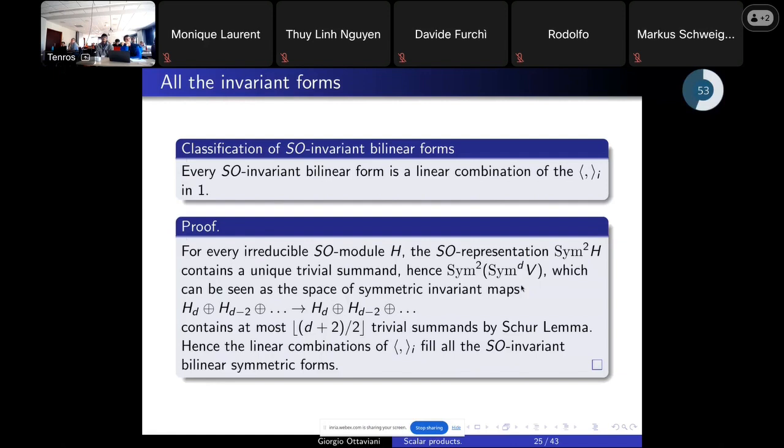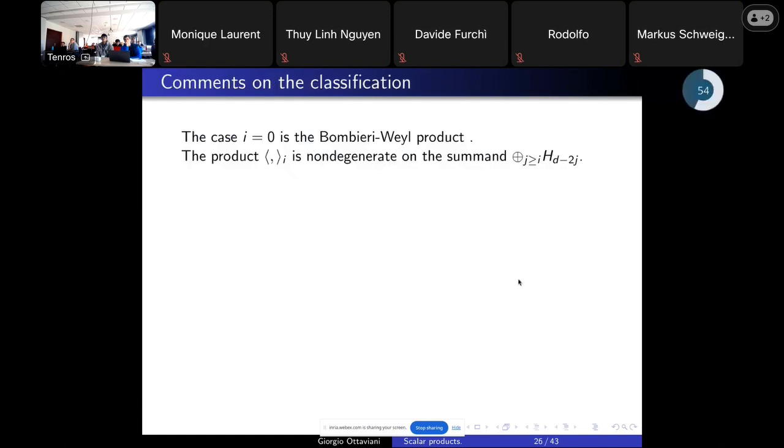And the proof uses representation theory. You have to compute the product of the harmonic spaces, and it's just a trivial consequence of the Schur lemma. Again, I have no time to enter into the details.